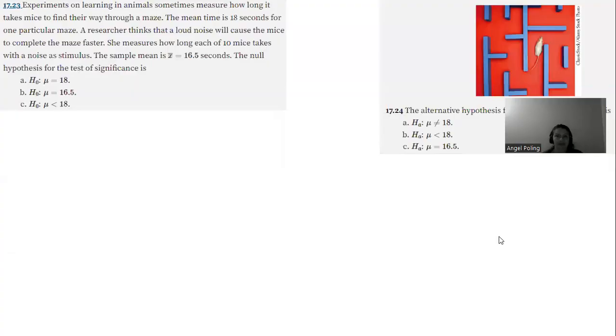In 23 and 24, we're looking at this mouse maze. Experiments on learning in animals sometimes measures how long it takes mice to find their way through a maze. The mean time is 18 seconds for one particular maze.